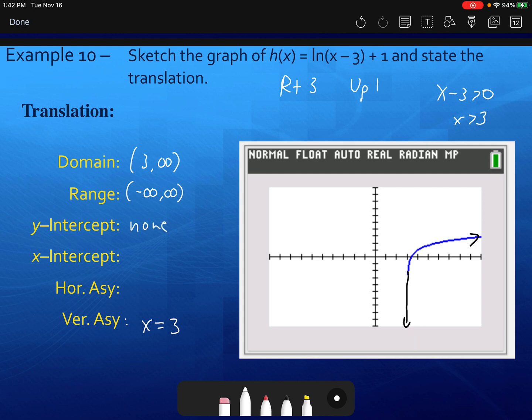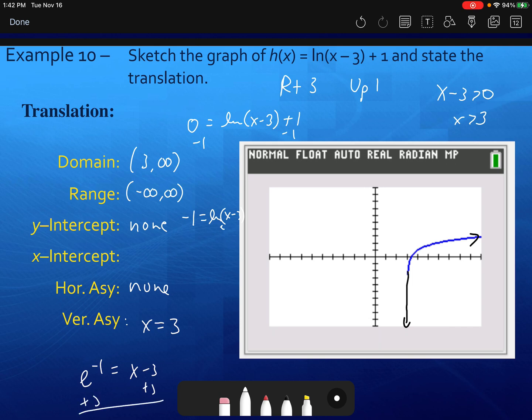There is no y-intercept. We might have to calculate the x-intercept. There's no horizontal asymptote. So if we're going to find the x-intercept, we're going to have to do this, as we did earlier. So subtract 1, so we're going to go -1 equals the natural log of x minus 3. Remember, that's an e. So e to the -1 equals x minus 3. So we're going to add 3. There we go.